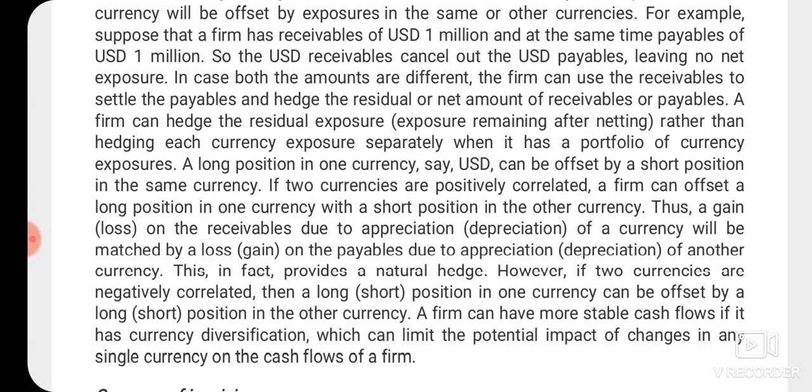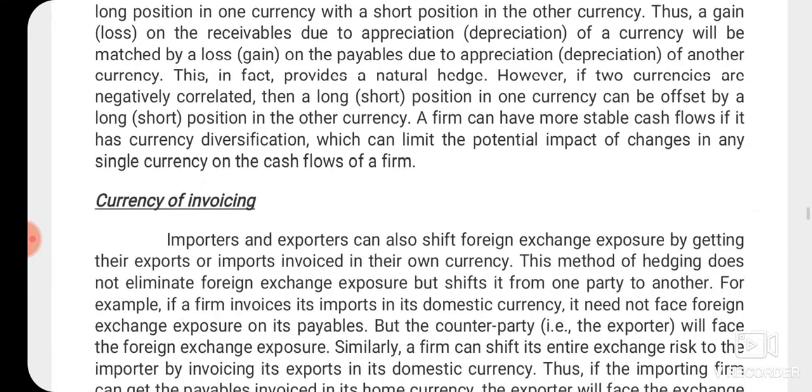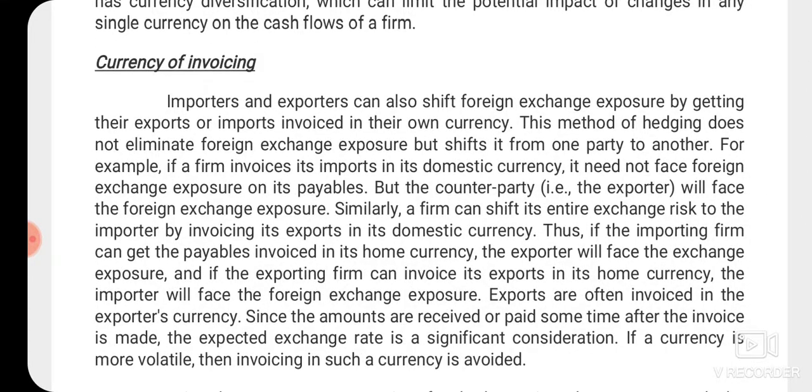When there is a negative correlation, it will also happen. That is what we have discussed till now. If we have more stable cash flows, automatically we can avoid the risk which was happening in our company. The next type of risk is currency of invoicing.